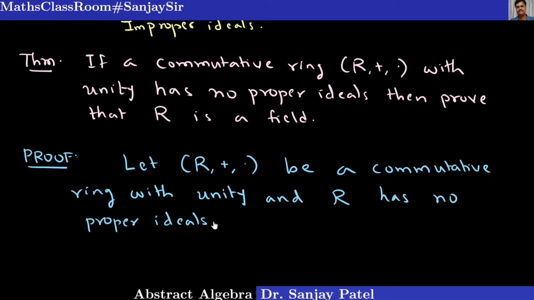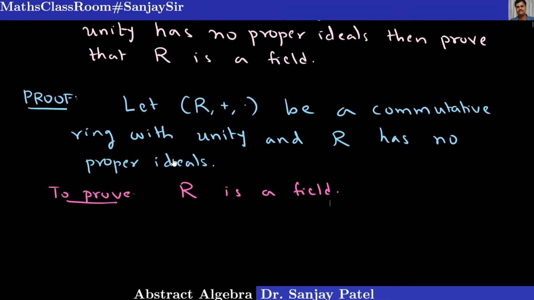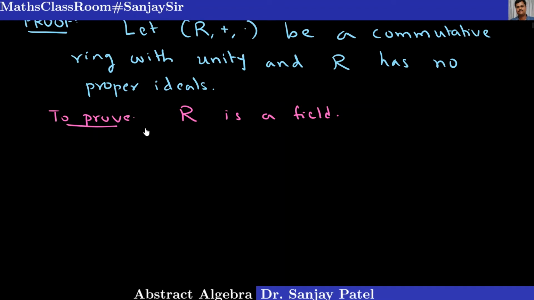This is given to us, and we want to prove that R is a field. We know a field is a commutative ring with unity in which every non-zero element has a multiplicative inverse. We are already given that this R is commutative and has a unity element, so what remains to prove is only that every non-zero element in R has a multiplicative inverse.